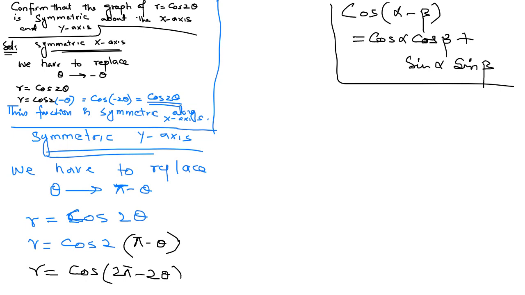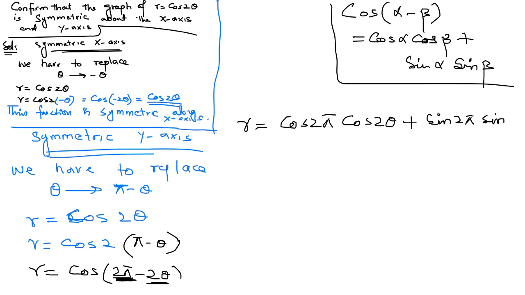So this is the formula for the cosine function. Okay. So this is alpha, this is beta. So if I replace in this form, R will become cosine of 2 pi, cosine of 2 theta plus sine of 2 pi, sine of 2 theta.